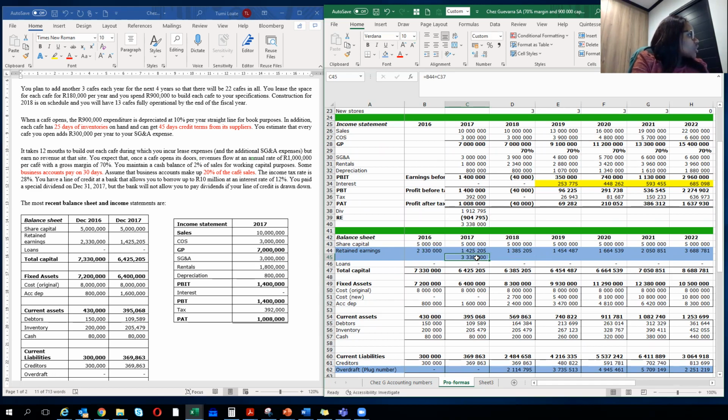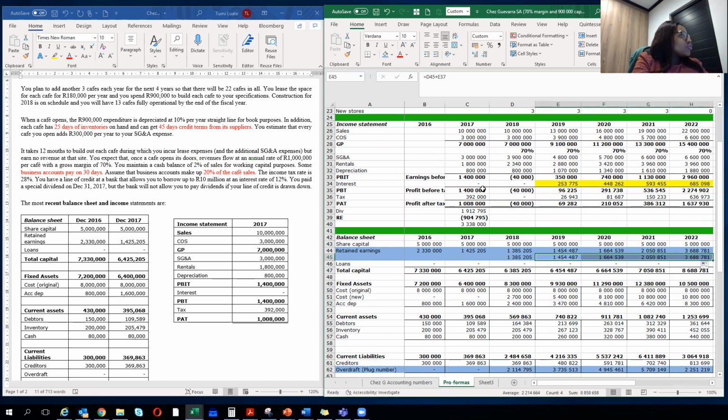We'll see what dividend you decided to pay. So it should have been 338. I drag that across. Let's do the following year. So previous year's retained earnings, plus the profit for that year. We do it again. Retained earnings plus your profit for that year. And then we drag that across.